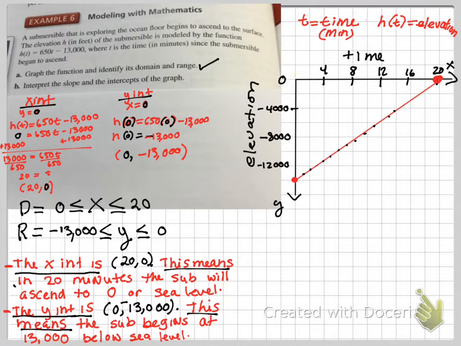That's right here. There's a lot being asked here. I now have to interpret the slope. It's not saying identify the slope, but you can't really start talking about it without saying what it is. We could do a rise over run to find our slope, but they've given us the equation, h of t equals 650t minus 13,000.